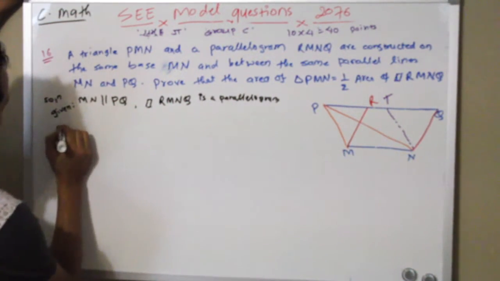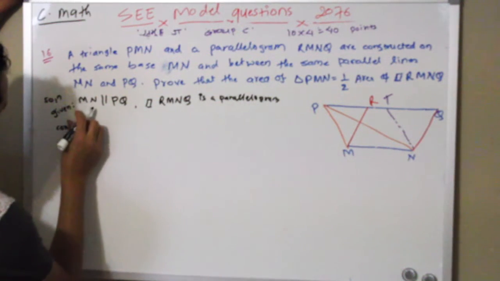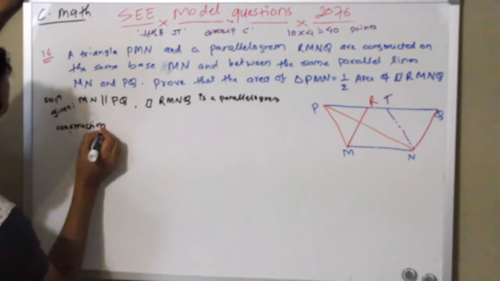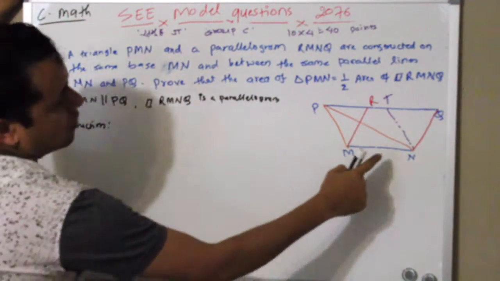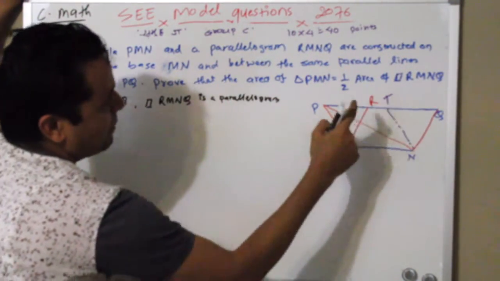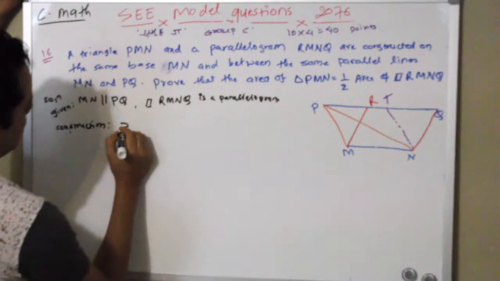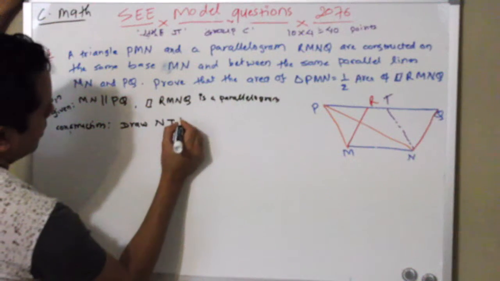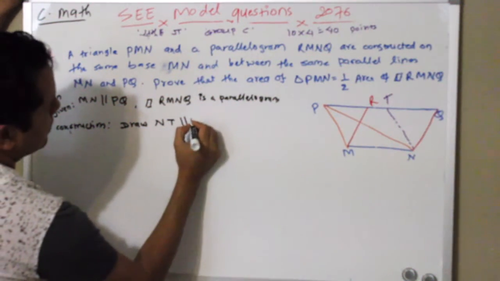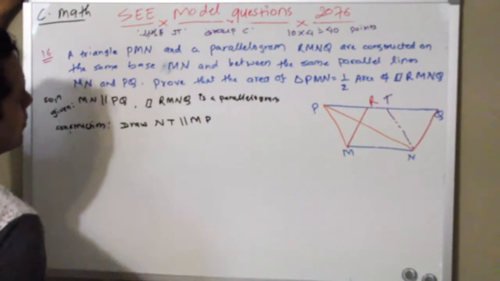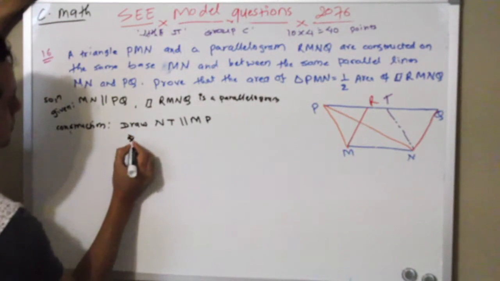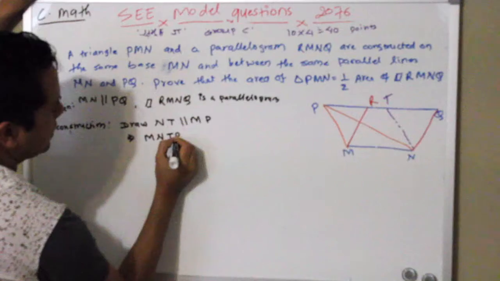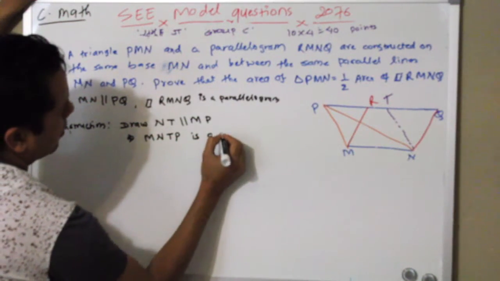So construction. What do you do in the construction? Draw a line NT parallel to MP. This implies what? MNTP is a parallelogram.